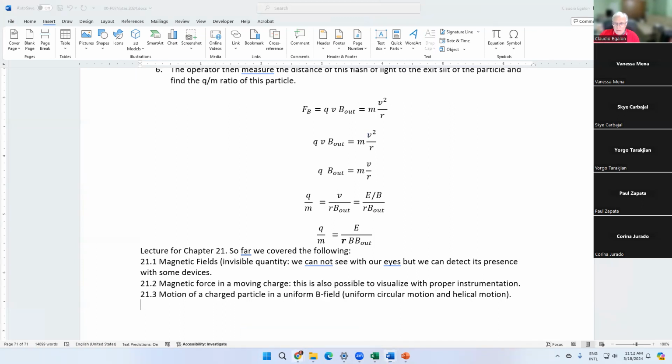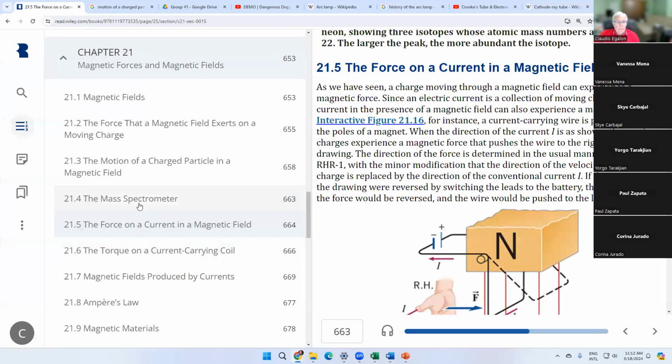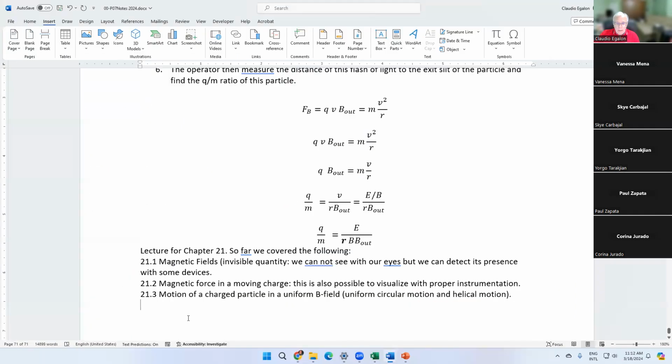And the other one was 21.4, the velocity selector. We don't have the velocity selector there in the book, but now you have it here in my notes, and the mass spectrometer.